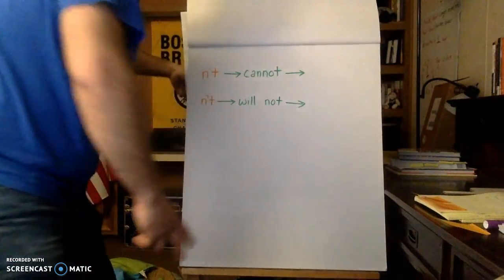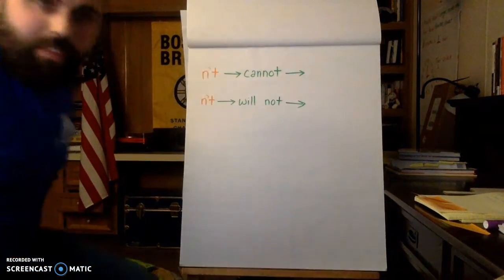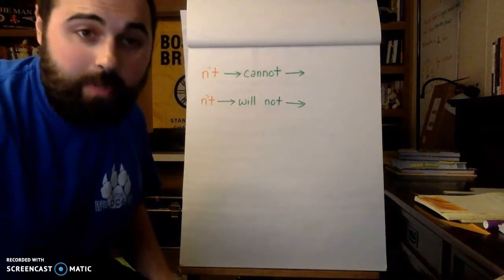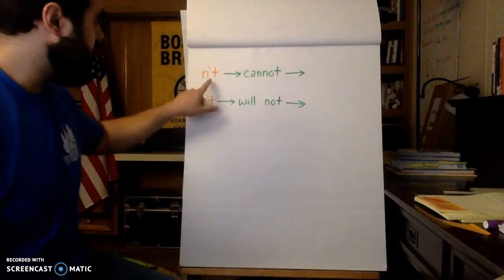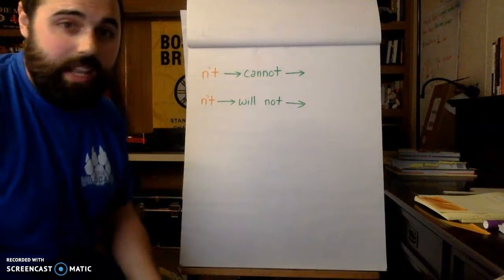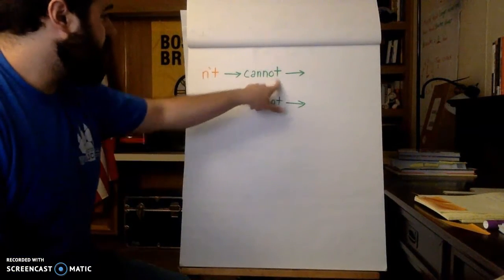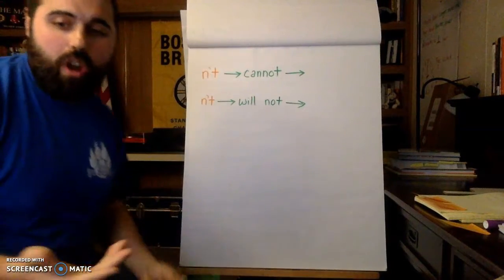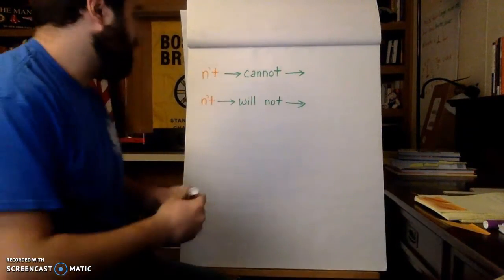Okay. These are some of our exception words where the spelling is actually not similar to what the contraction says it should be. Like in cannot. So if we were to write it the way that we've been learning it, it would look like this.